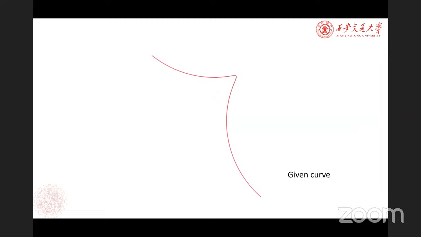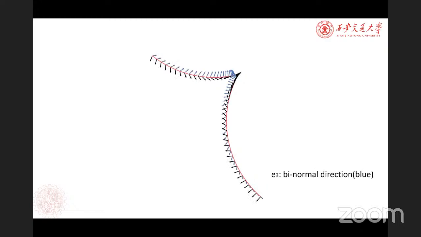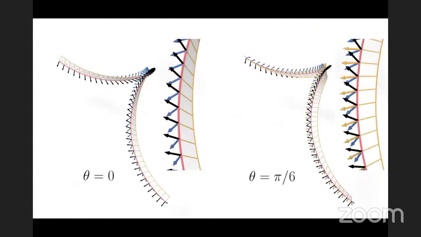So here is a given curve. We can compute its normal direction, its binormal direction, and its evolutionary direction. Here theta is the constant angle for pseudogeodesics. So here we show two different examples: one is theta equals 0, and another is theta equals pi/6.